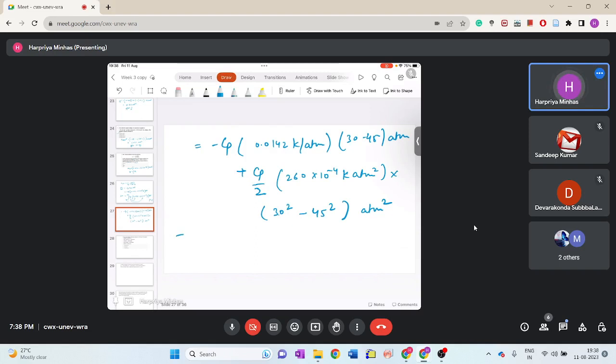What we are getting. So I'm taking the Cp out of from all the equations. So this will be 15.